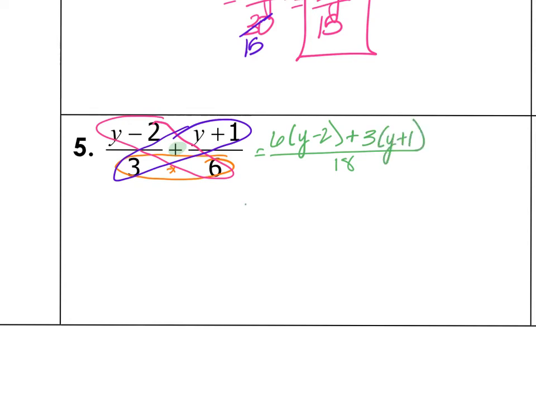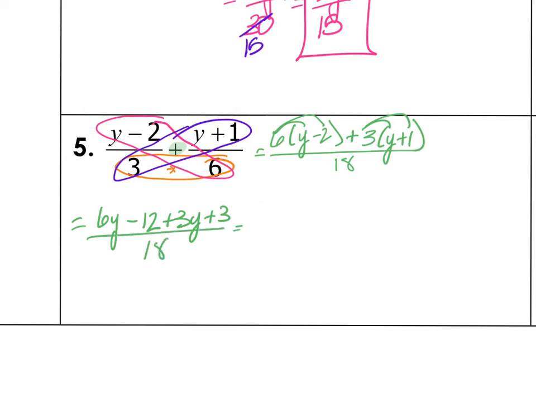Okay, so we get 6 times y and 6 times negative 2, so that's 6y minus 12 plus 3y plus 3 all over 18.